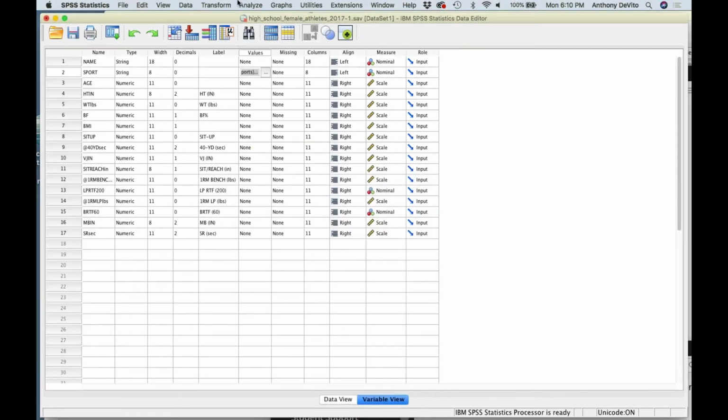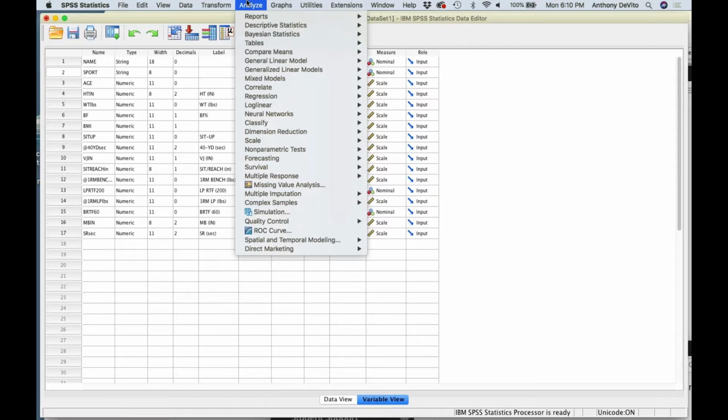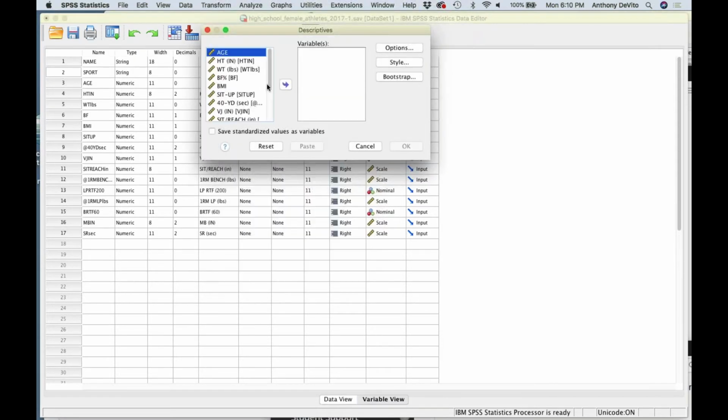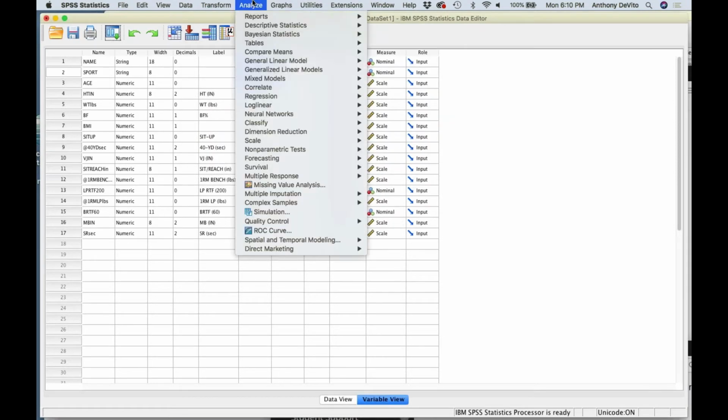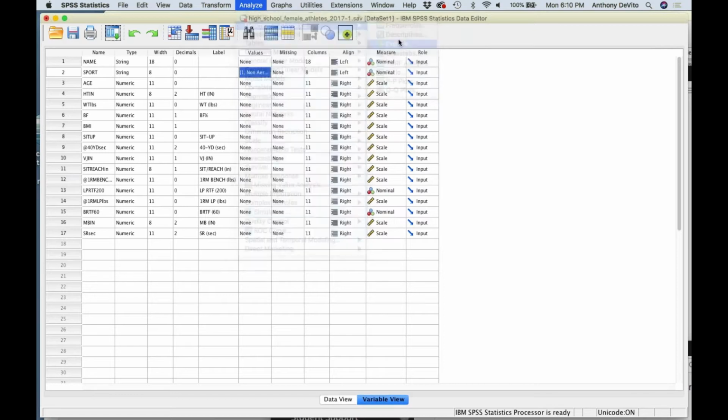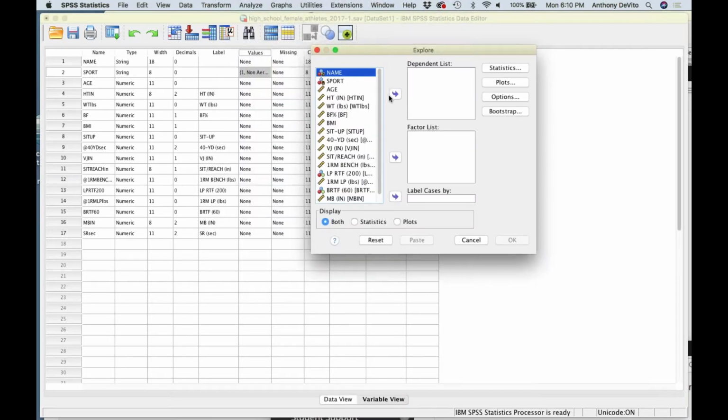Okay, so let's go ahead and solve this. Analyze, we don't have to necessarily be in the data view. What did I ask for again? I asked for descriptive statistics, except this time I'm going to go to analyze, descriptive statistics, explore, and I'm going to move BMI into our dependent variable box, and sport into our factor list.